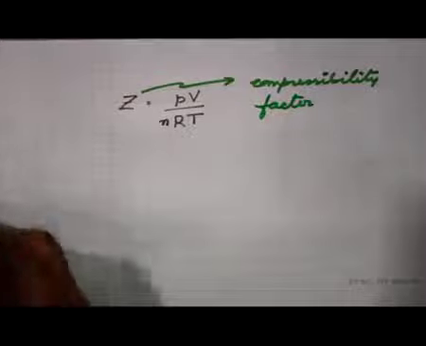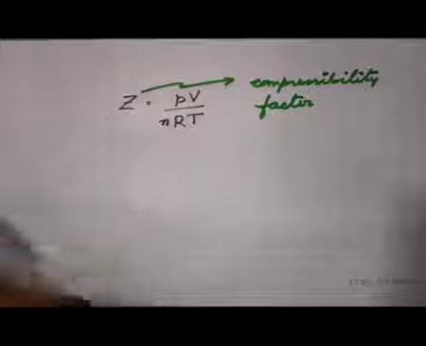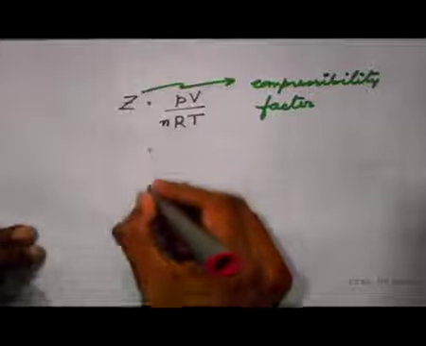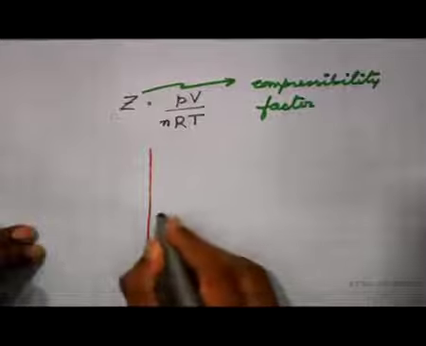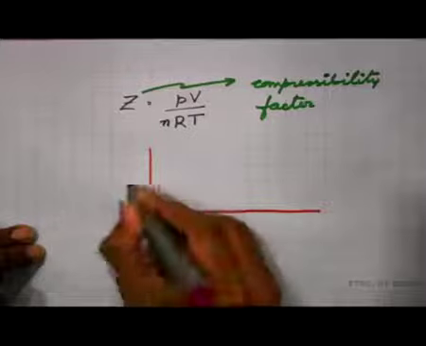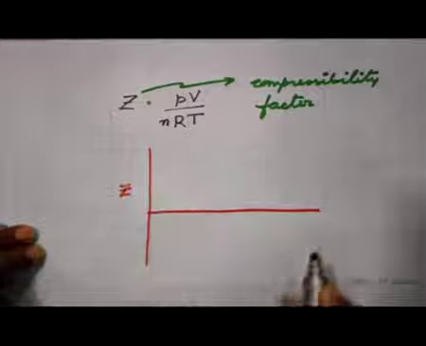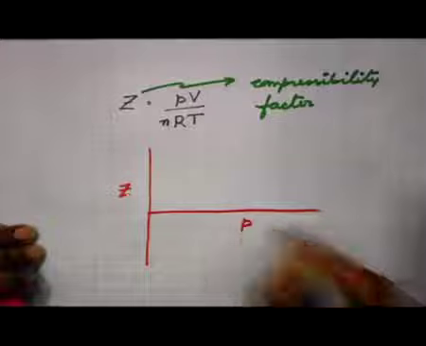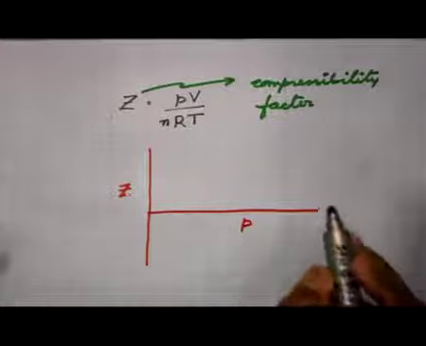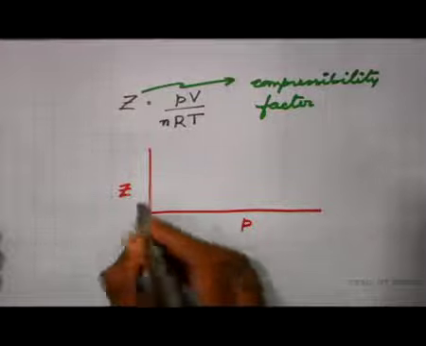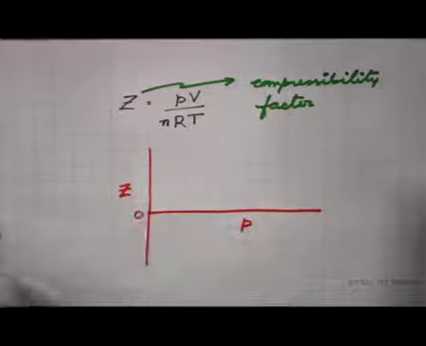Now, if you plotted Z as a function of P, so I am plotting Z on the y axis against the pressure P, right. Let us imagine this is 0.